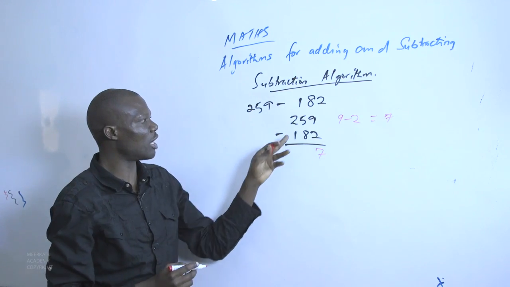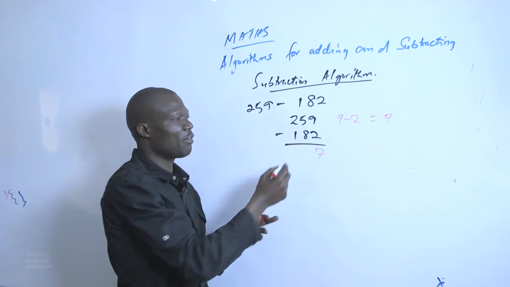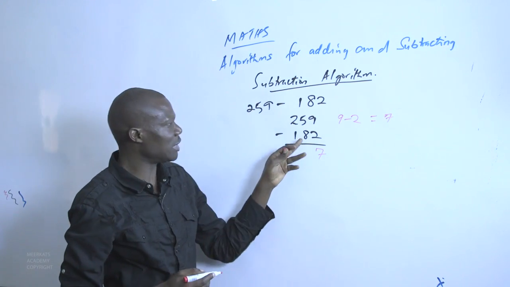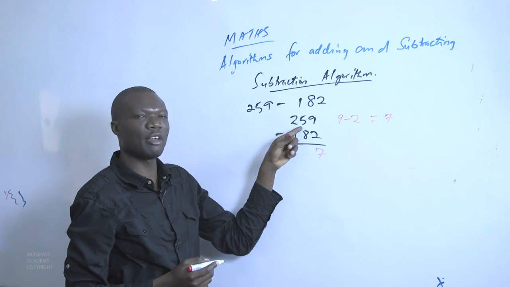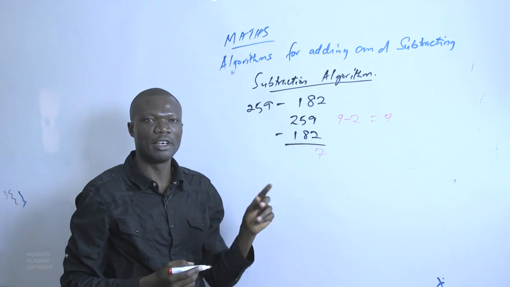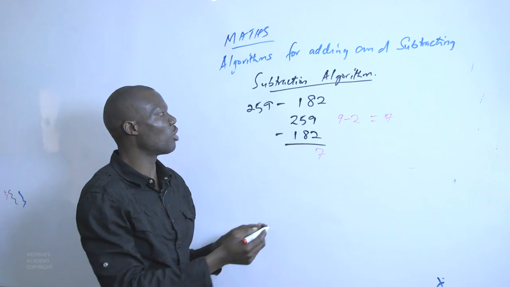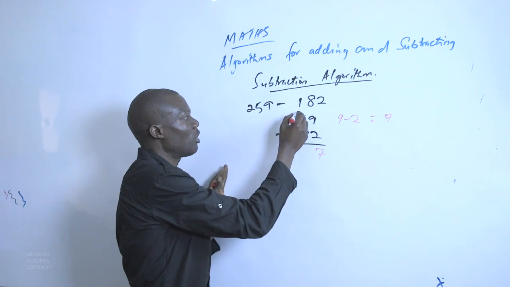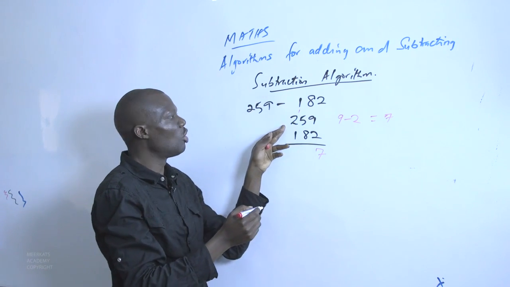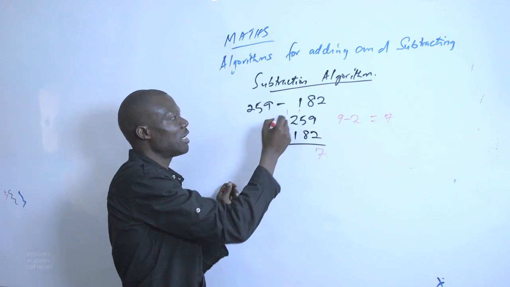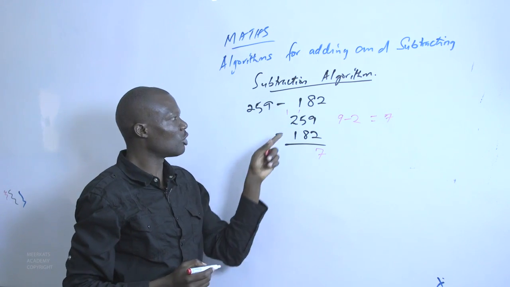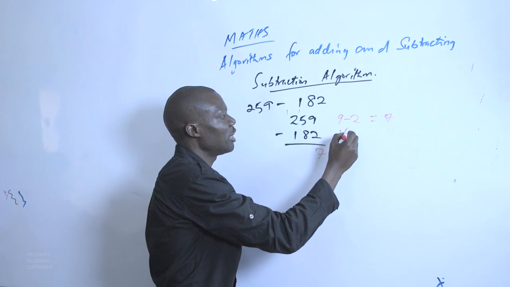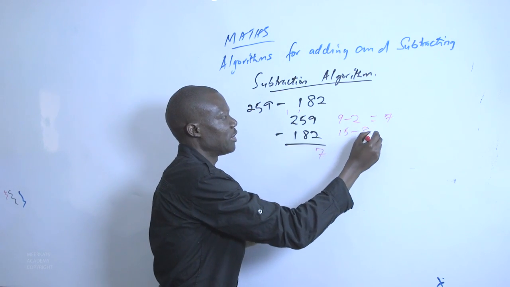The next column we have is a 5 minus 8. You'll notice that 5 has less value than 8. This is now what calls for borrowing from the next column on the left. So we shall borrow 1 from 2, which implies that what remains there is a 1. So when you borrow 1 to come here, we shall now have 15 minus 8.